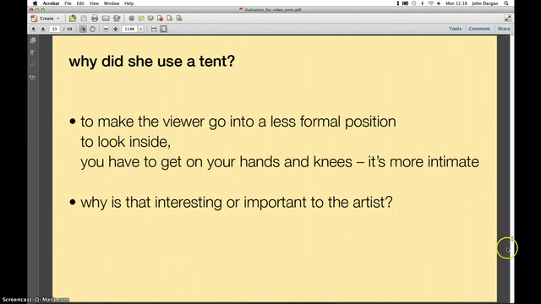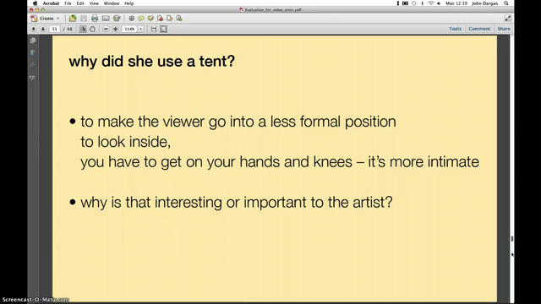To make the viewer get inside and have a look at that, you have to get down on your hands and knees. And I think that to view artworks, it's not a traditional way. Remember, this was presented in 1995, so that's about 18 years ago. Most artworks you're standing up to look at.